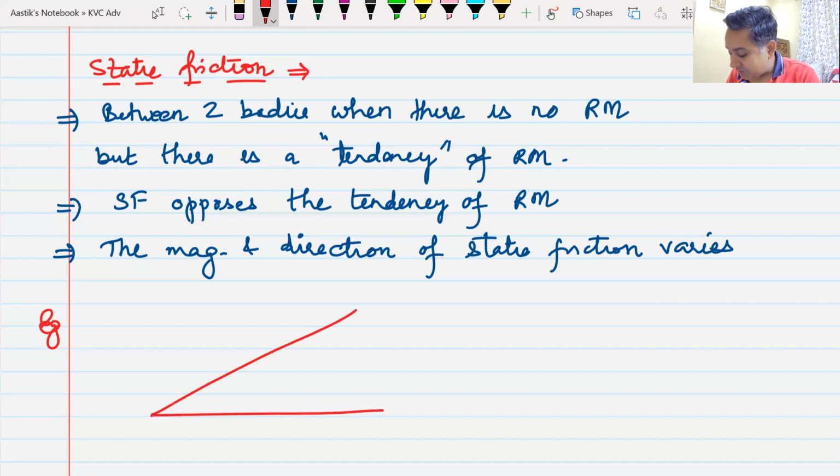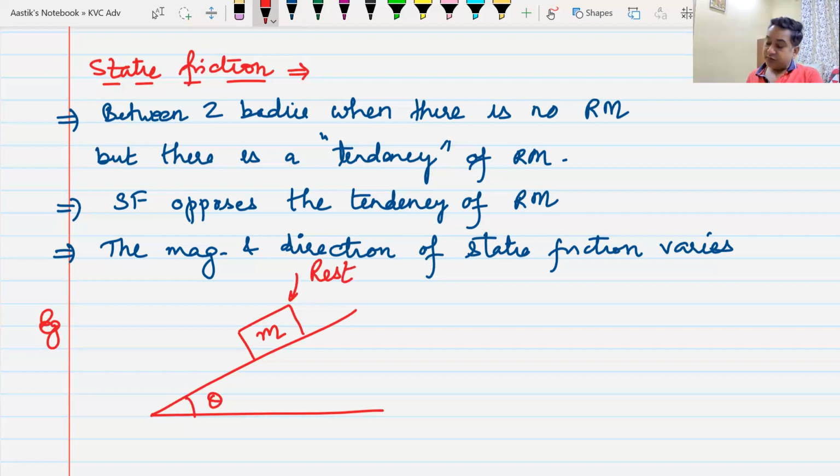Take an example. If I have this inclined plane at an angle theta, and a block of mass m, and this block of mass m is at rest. It is not moving. What will be the direction of static friction? First of all, why is it not moving? It should accelerate. Why should it accelerate?